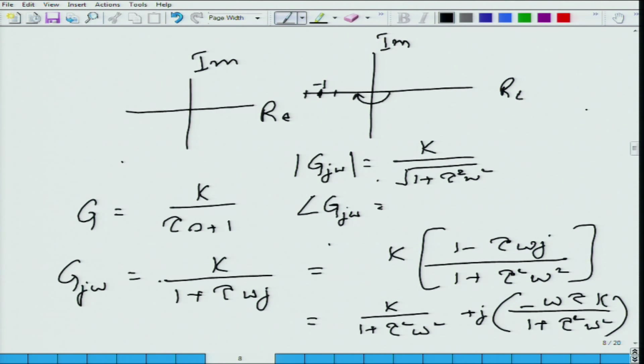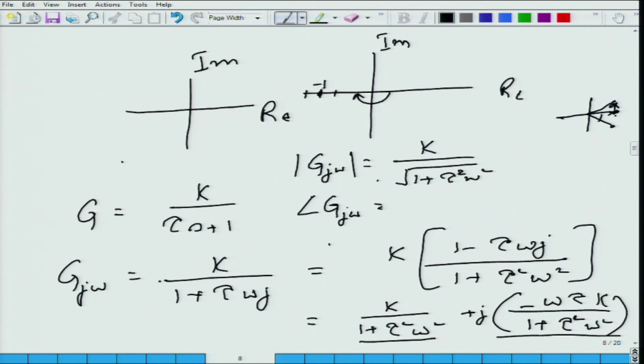the angle of a complex number. If you have a complex number, what is its angle? So, this is the complex number that we are talking about. It has got a positive real part, and it has got a negative imaginary part. So, the complex number is in this fourth quadrant.